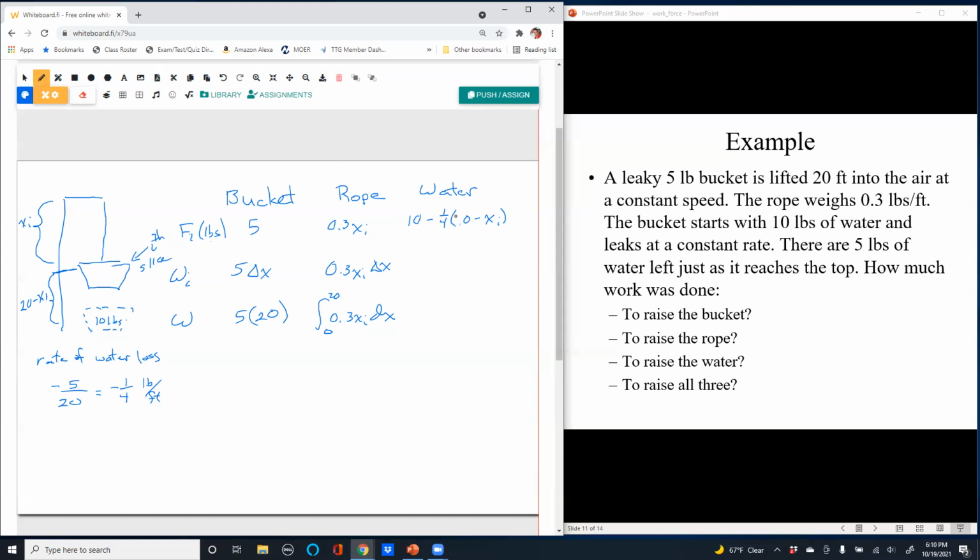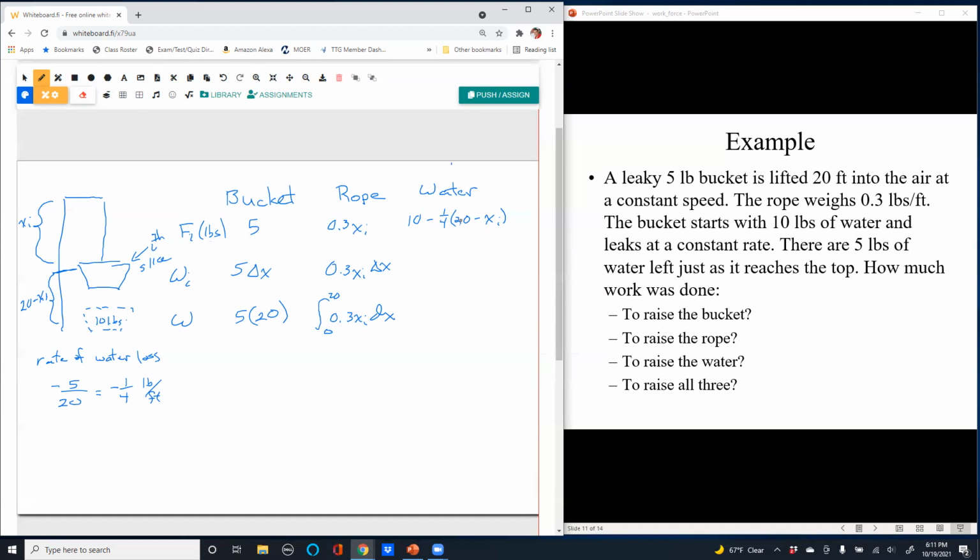Now, once again, we can simplify this, but before I do, I want to make sure that this makes sense. We've gone up 20 minus X sub I feet, and we're losing 1/4 pound a foot. So that's what this part here is saying, losing 1/4 pound a foot times the 20 minus X sub I feet. We're starting with 10 pounds. If you want to simplify this, you can.